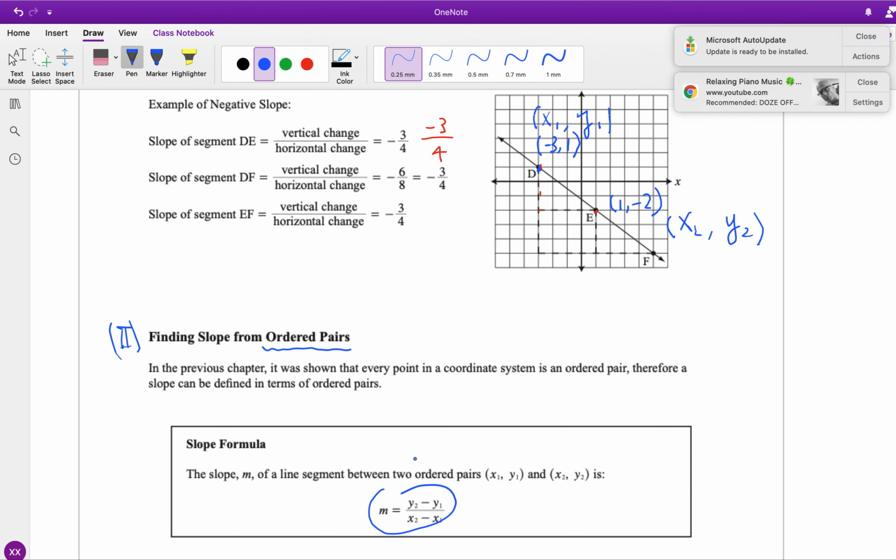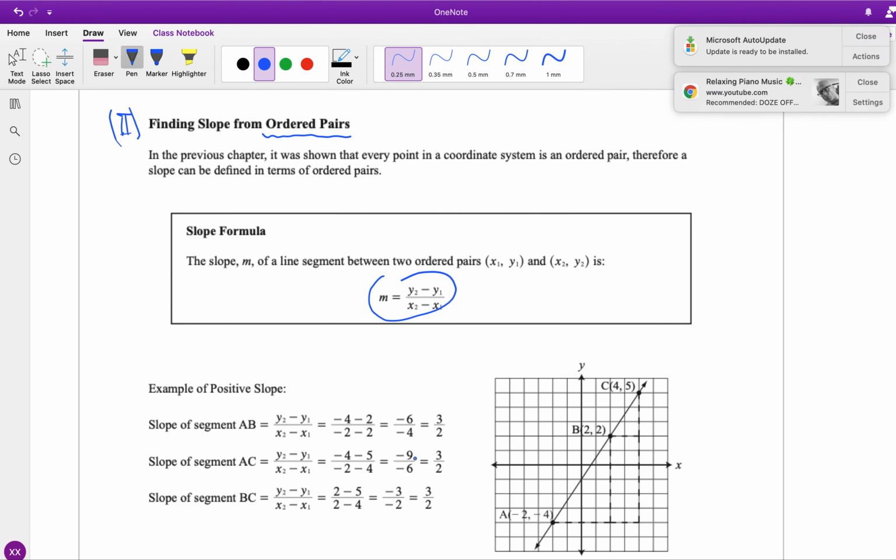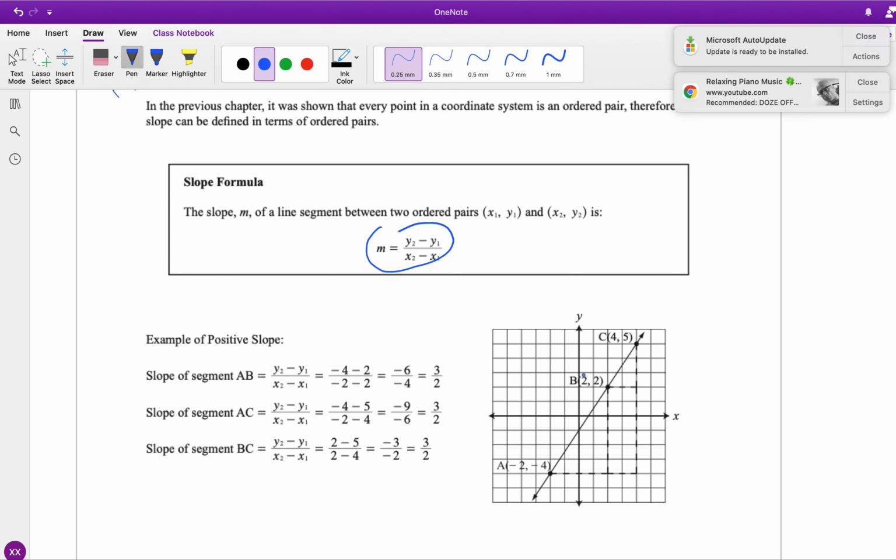slope. So if we try to prove that, because the slope is rise over run, right? Rise over run. So now take a look at here.